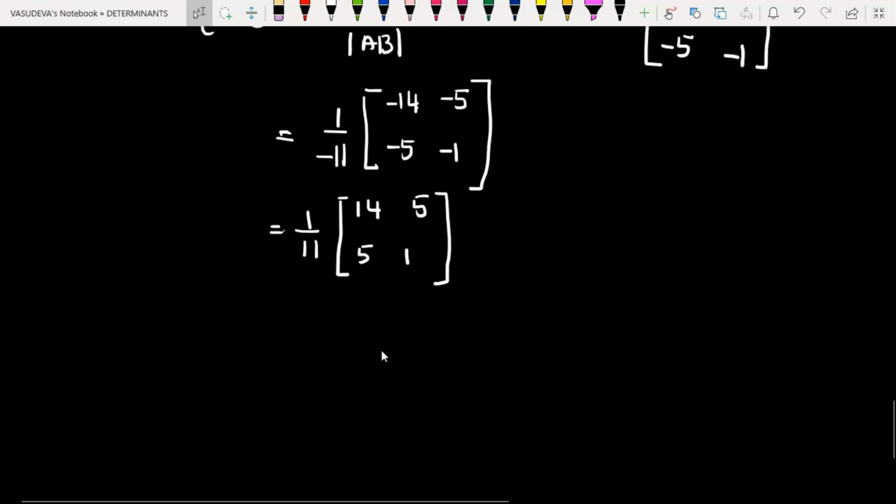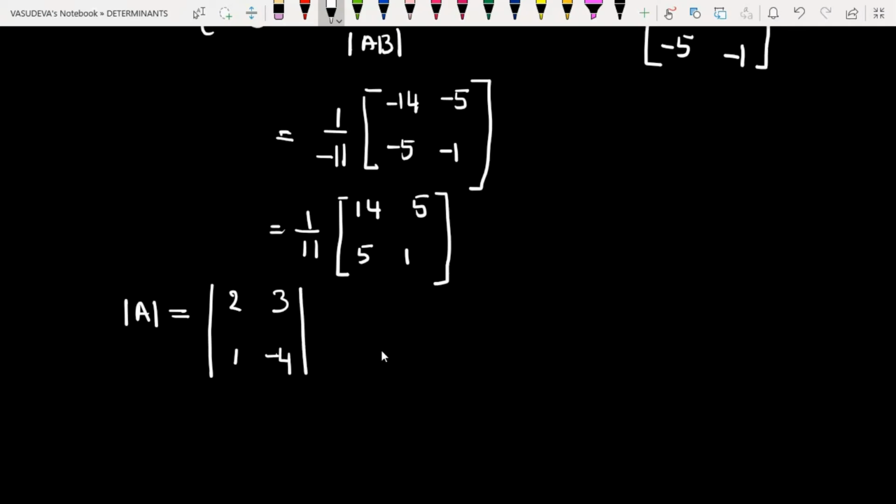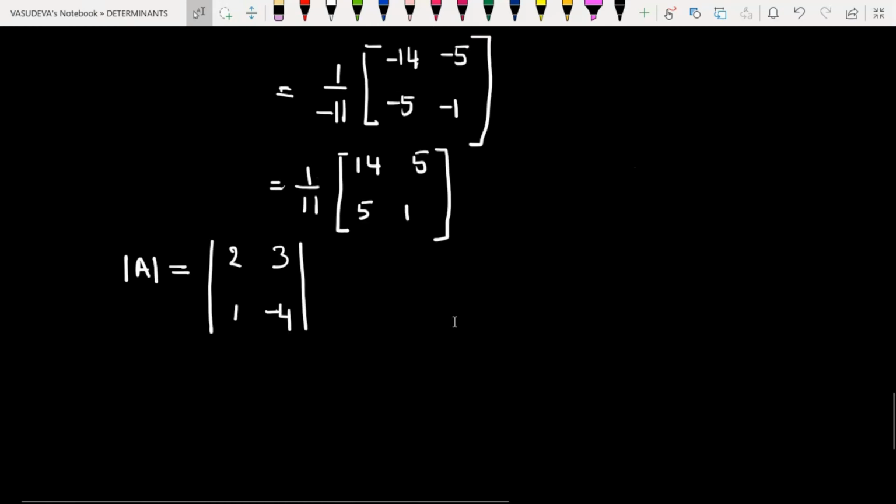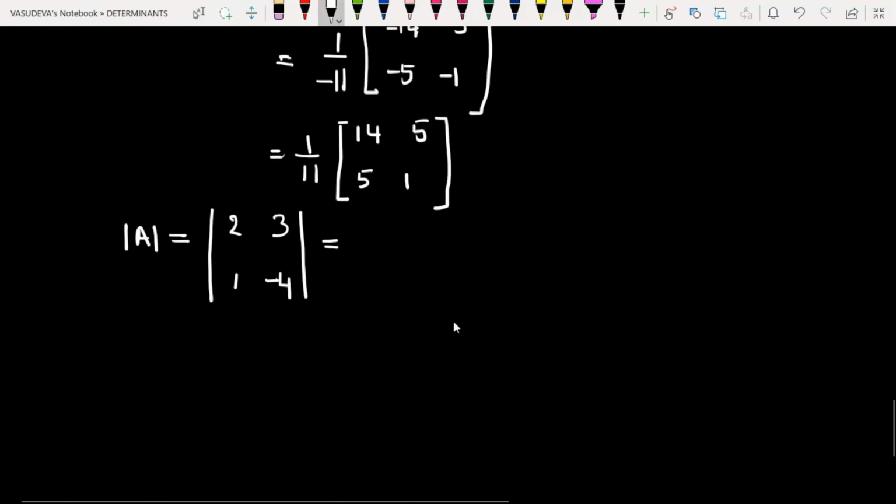Now let's find out the inverse of the matrix A and B. So what is the determinant of A? Determinant of A is the matrix 2 3 1 minus 4. This is A, 2 3 1 minus 4. Expanding this, minus 8 minus 3, it is minus 11, therefore not equal to 0, therefore A inverse exists.